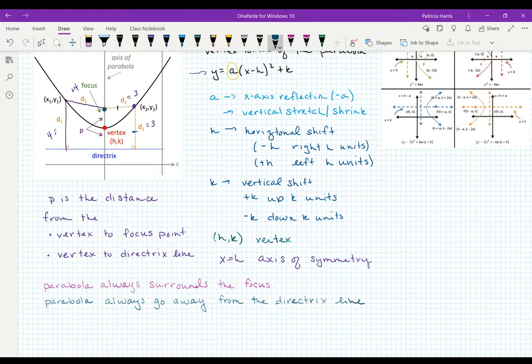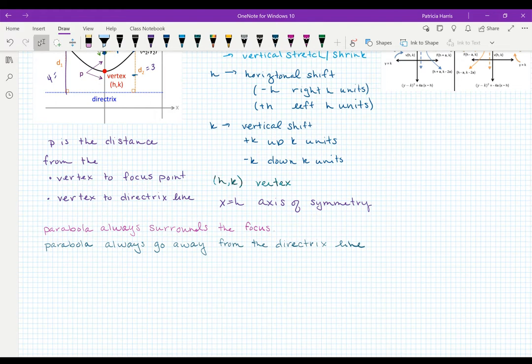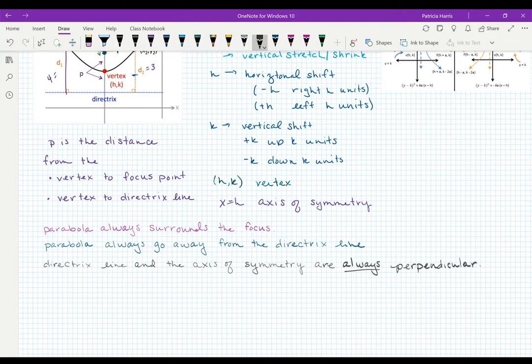Another thing to know: the directrix line and the axis of symmetry are always perpendicular. So they're going to form a T.